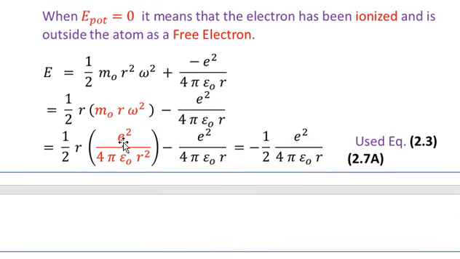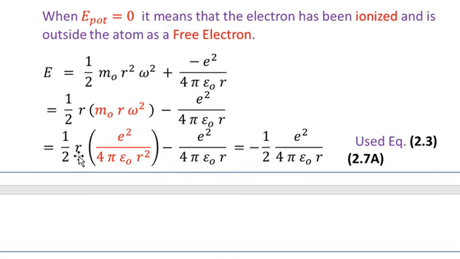This is the quantity that I have used from equation number 2.3, which is shown in the red color. So I have half r times E square over 4 pi epsilon naught r square, and the term due to the potential energy is minus E square over 4 pi epsilon naught r. You can see that the term in parentheses and the potential energy term are equal to each other when you multiply by r: in r square in the parentheses, one of the r will be cancelled by the r outside.